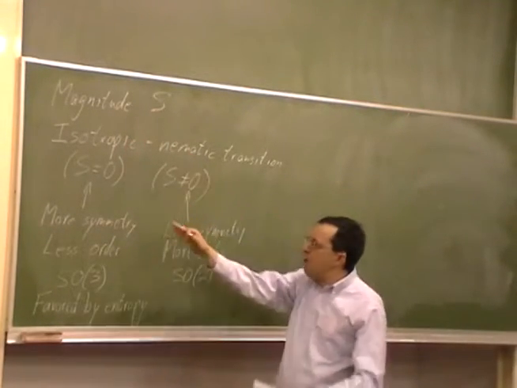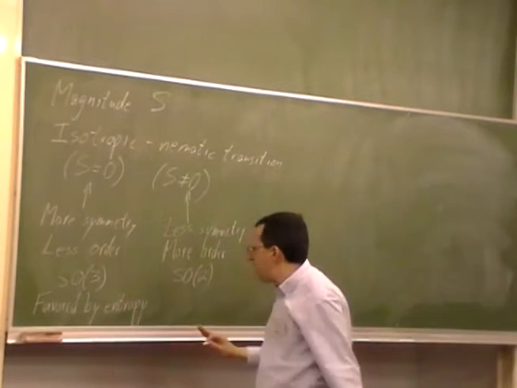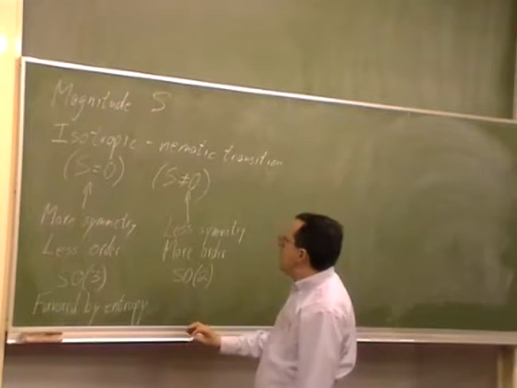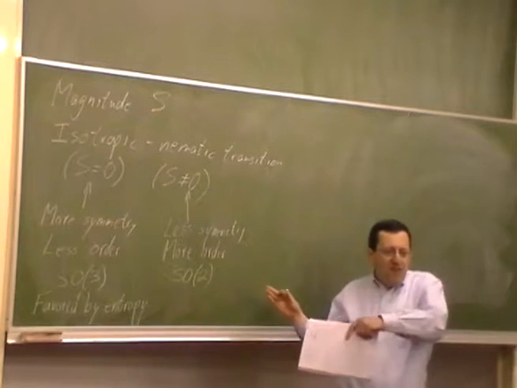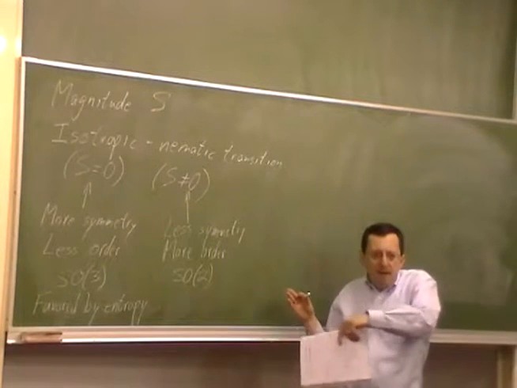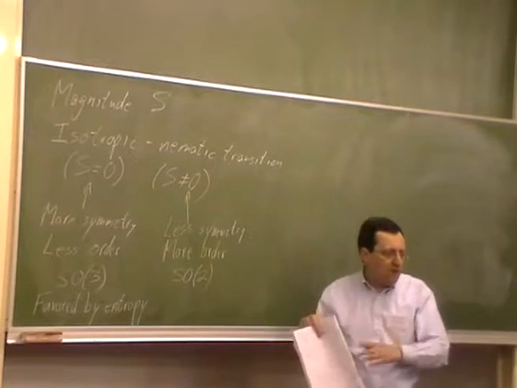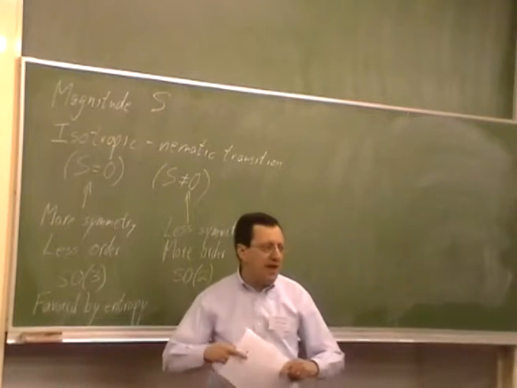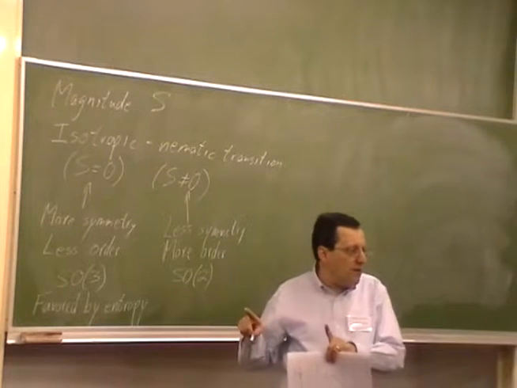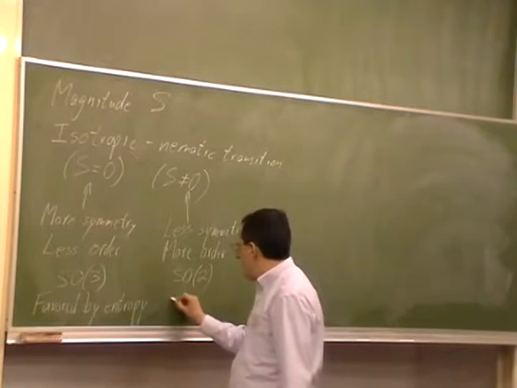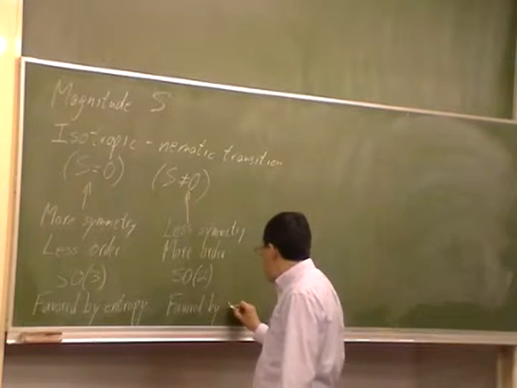There are more microscopic states that are equivalent to each other in the isotropic phase. In the nematic phase, there's less entropy, right? So why would the thing form a nematic phase? Well, it must be for reducing the energy associated with the structure, right? In the nematic phase, there are more molecules that have the favorable alignment with respect to their neighbors, and hence this nematic is favored by energy.